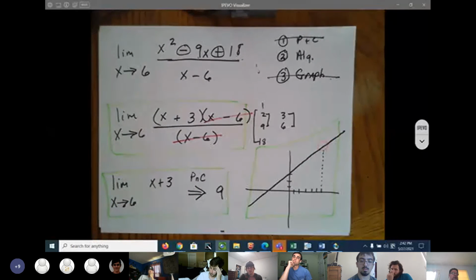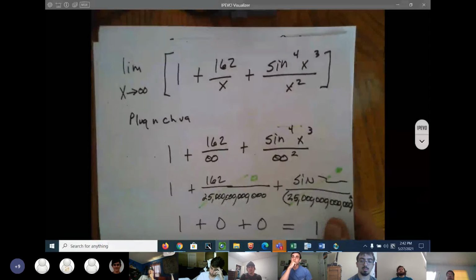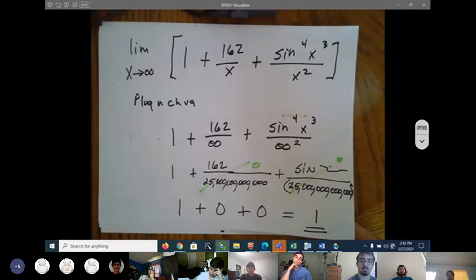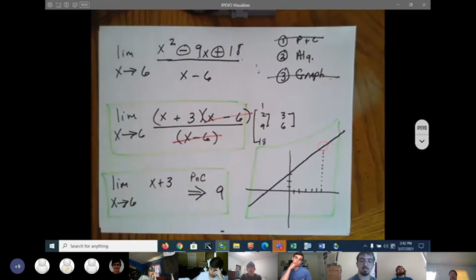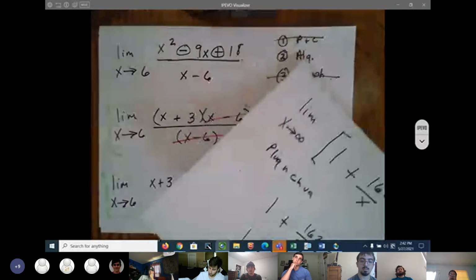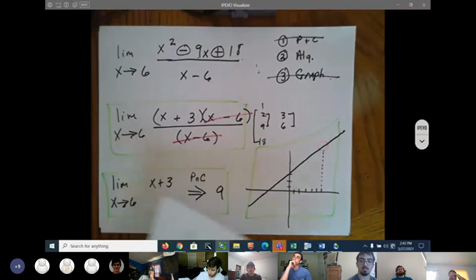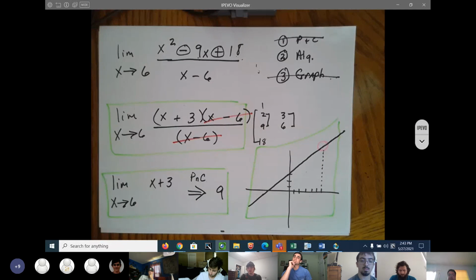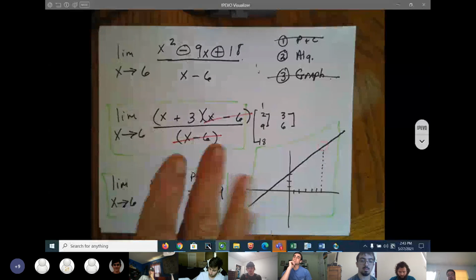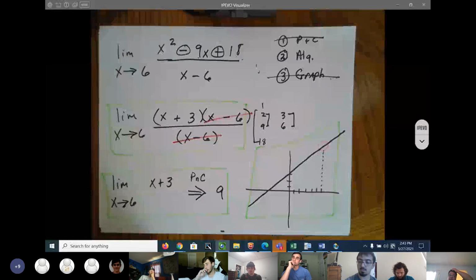Now, the infinity question that we did a while ago, that was plug and chug. This one has plug and chug and algebra and graph. It's got all 3 in it to help explain the answer. That's 1 good test question with 3 parts.